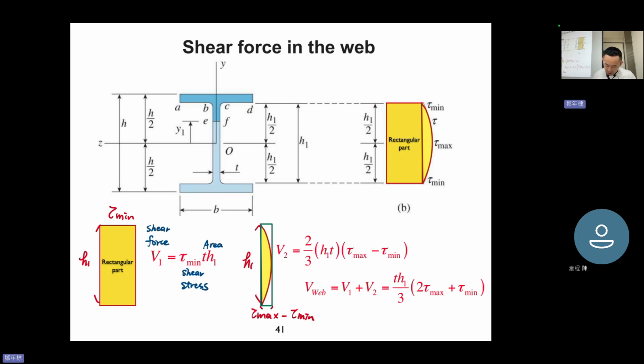H1 times T, again, this is the area. And tau maximum minus tau minimum is the shear stress, right? And this is really interesting. Okay, here you just subtract it, and this is a parabola. It is cut through, tangential to the rectangular.